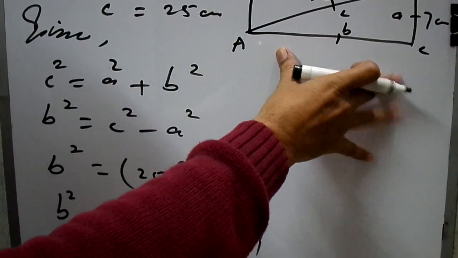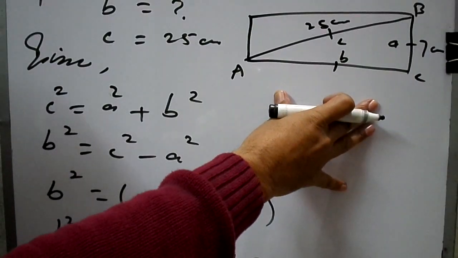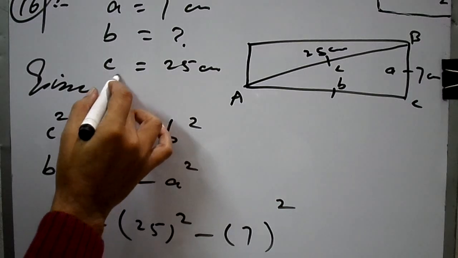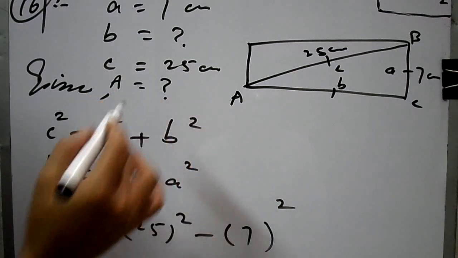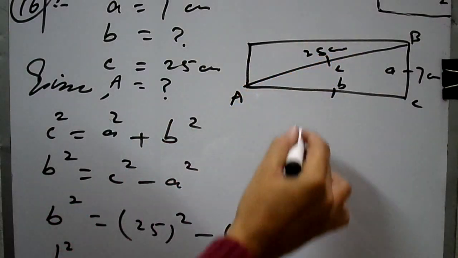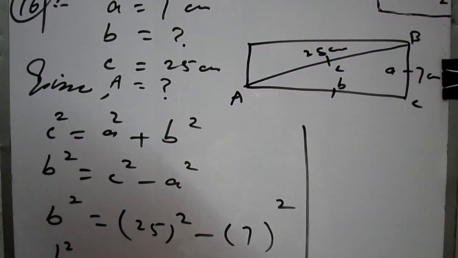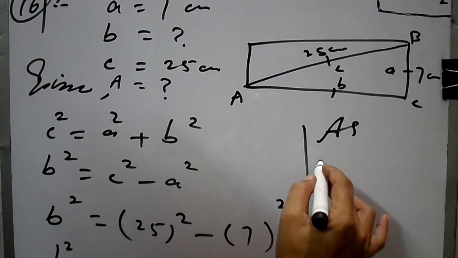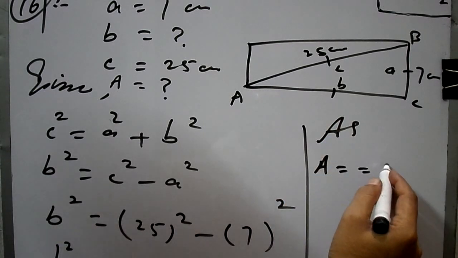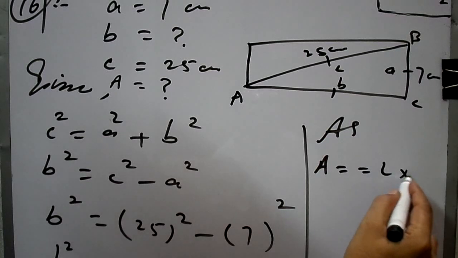It means in the second portion he told us to find the area of this rectangle. So we have a formula: area of the given figure or rectangle is equal to length into width.